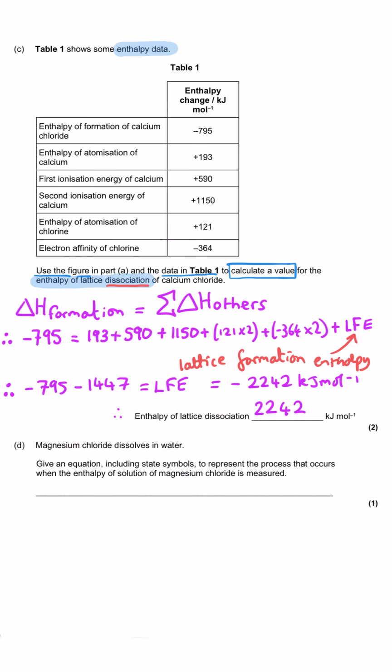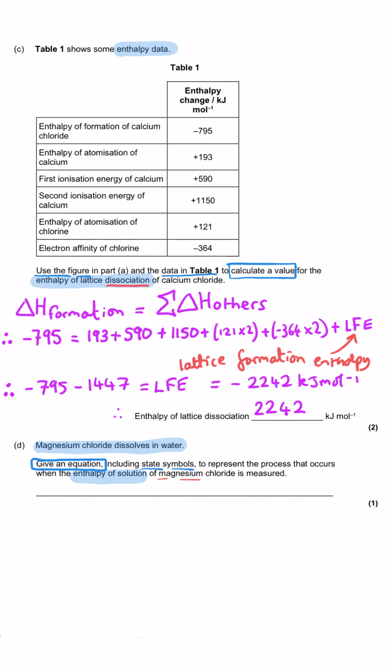Magnesium chloride dissolves in water. Give an equation, including state symbols, to represent the process that occurs when the enthalpy change of solution of magnesium chloride is measured. So they've done a quick switch here between talking about calcium chloride to magnesium chloride, so we need to not fall into that trap of sticking with calcium.